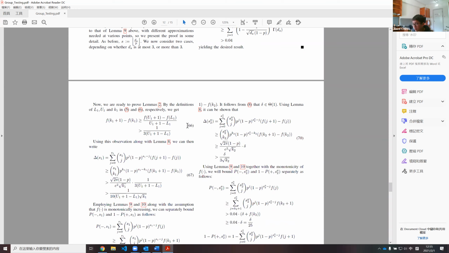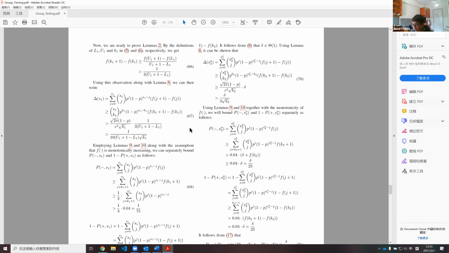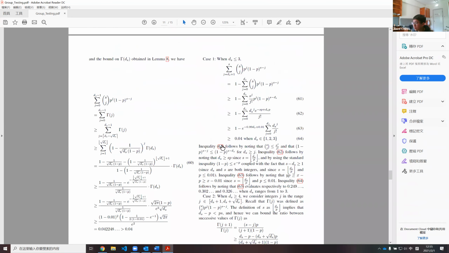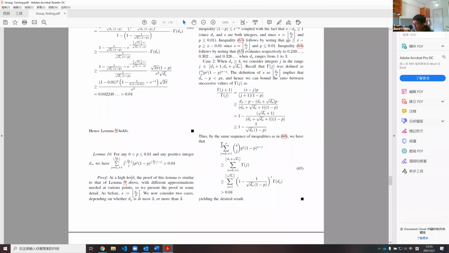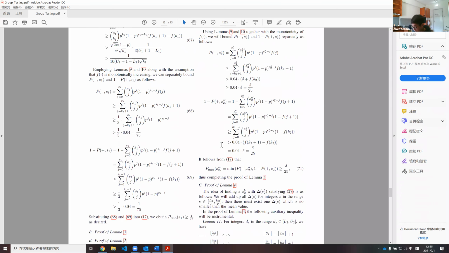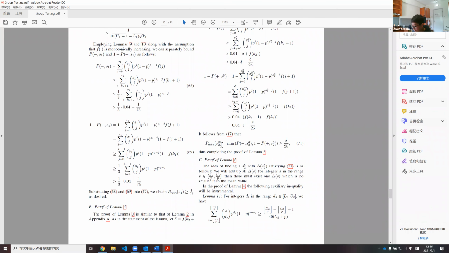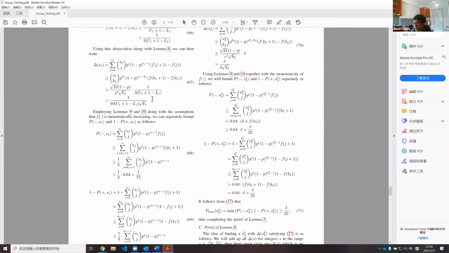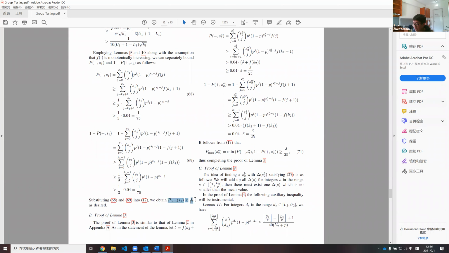Okay, so combining all of them, we can prove that delta S is larger than this value, and P min is larger than 1 over 75, which is the result that we desire.